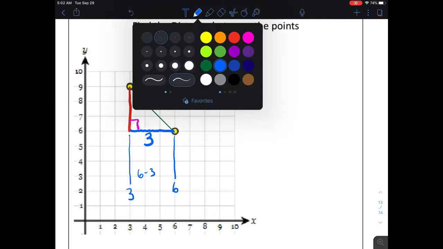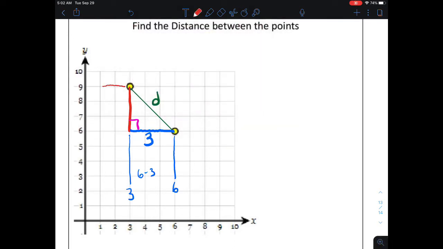My red side, which is based on the y values, I have a y value of 9 and a y value of 6. So the length of that side is 9 minus 6, which happens to also be 3.